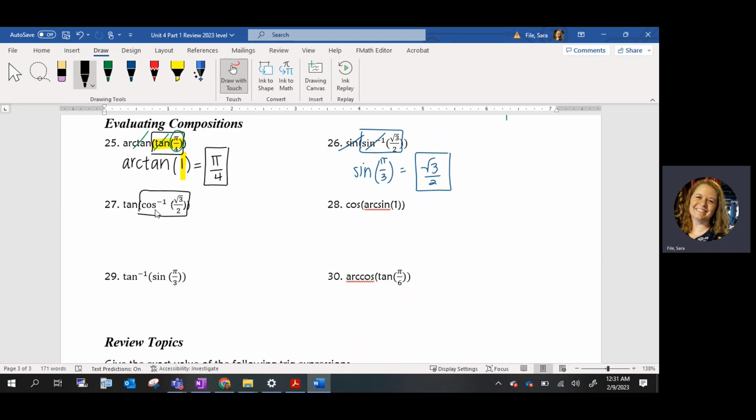At what angle is cosine √3/2? So where's the x value √3/2? And that happens at pi-6. And so now I've got tangent of pi-6. Well, I look at my unit circle. At pi-6, what is tangent? And it's √3/3.